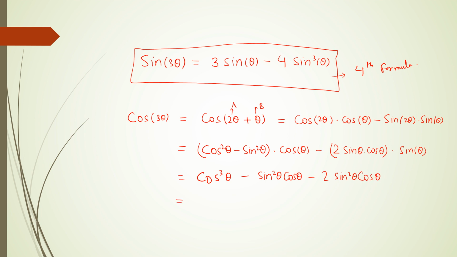So cos cube theta minus 3 times sin square theta into cos theta. If we want it completely in terms of cos, we have to change sin square theta using the identity with cos square theta. So cos cube theta minus 3 times 1 minus cos square theta into cos theta.